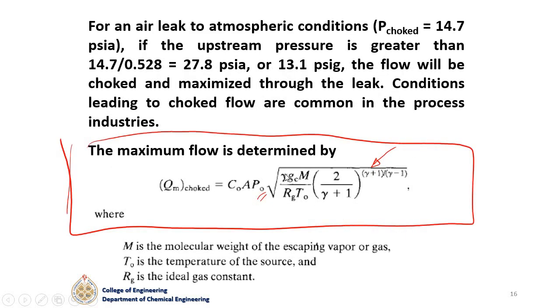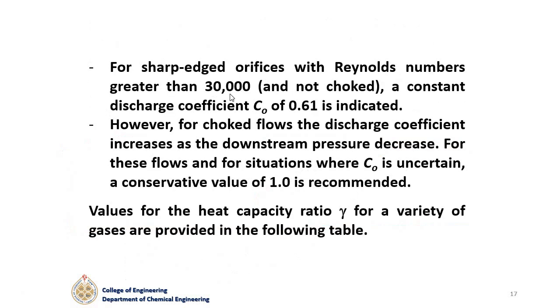Here I know the value of gamma. I know the molecular weight, R, T naught. I know the universal constant, the temperature, the pressure, the area of the tank. I don't know the value of C naught. C naught is very similar to the one for the liquid. So if it is a sharp edge, it's 0.61.